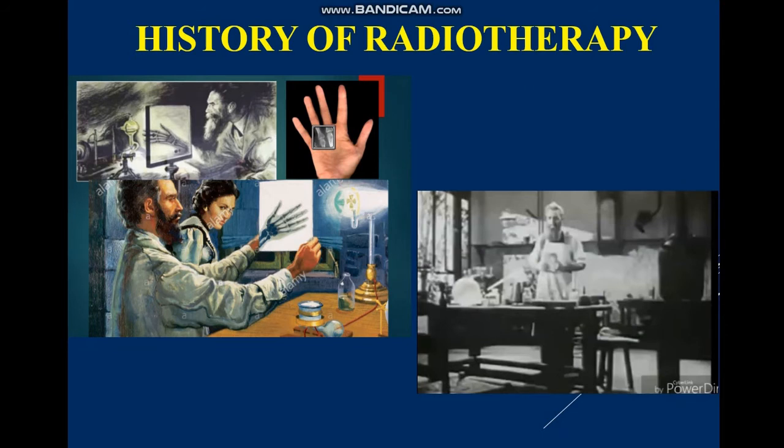History of radiotherapy. Wilhelm Röntgen, professor of physics in Würzburg, Bavaria, discovered X-rays in 1895 accidentally while testing whether cathode rays could pass through glass. His cathode tube was covered in heavy black paper, so he was surprised when an incandescent green light nevertheless escaped and projected onto a nearby fluorescent screen.